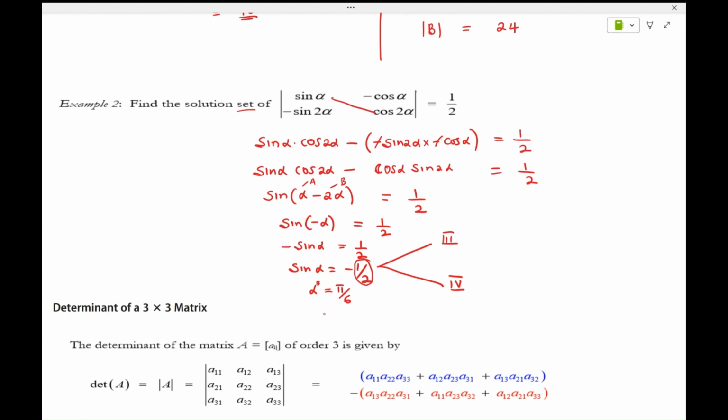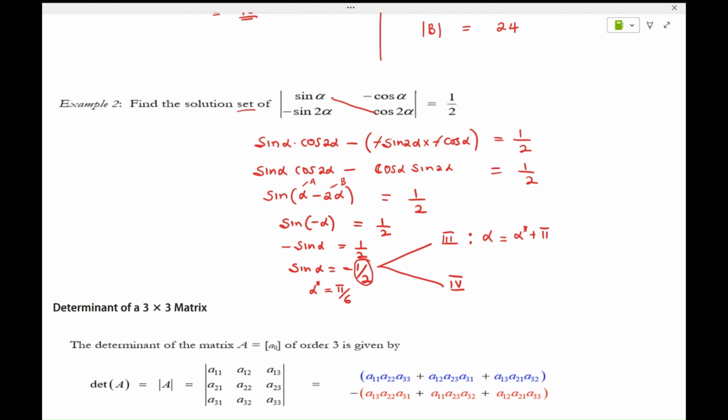But this angle is coming from the first quadrant, and here we need to use the negative. Because sine is negative in the third and fourth quadrants, how do you find the angle in the third quadrant? In the third quadrant, your alpha is going to be the alpha star plus pi, right?